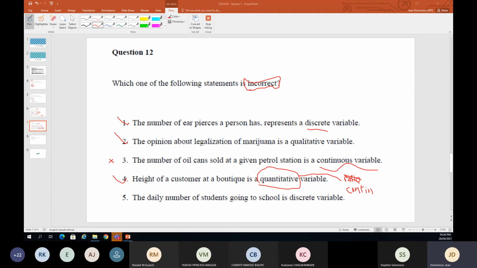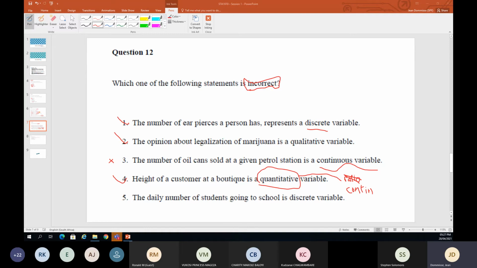So if I ask you on kilometers, and let's say they say you are driving 10 kilometers every day, then it is a discrete variable. But if I'm saying you're driving from home to the office, then you don't know what the number of kilometers is, and then it becomes continuous.